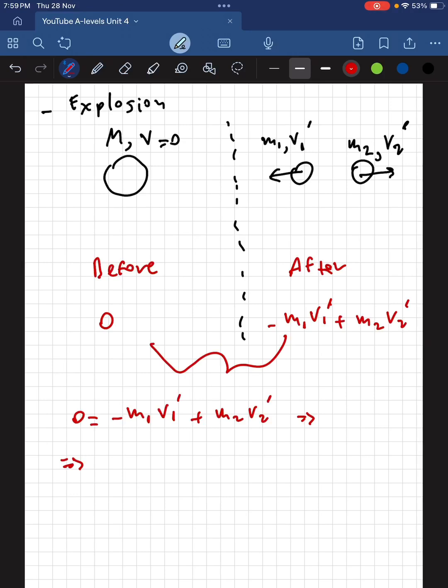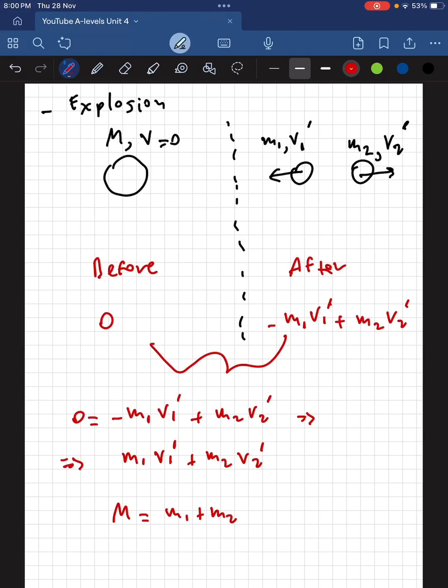Otherwise, momentum is not conserved. So you cannot have an explosion in which everything moves in one direction, as that will violate momentum conservation. And we get a bonus equation in this scenario, which tells you that the total mass before must be the same as the two masses afterwards.